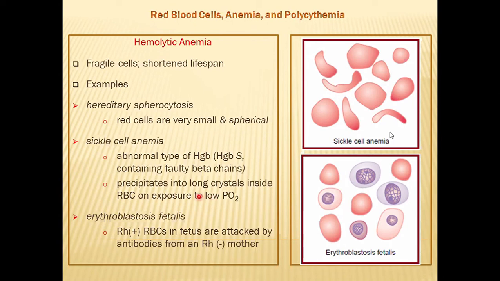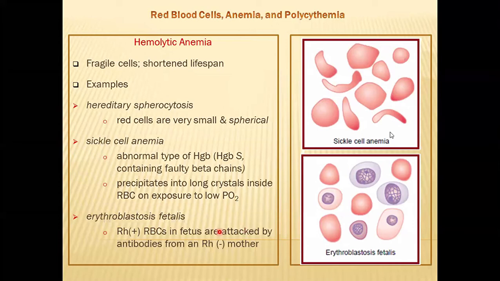And then another condition is erythroblastosis fetalis. An Rh positive RBC in a baby or in a fetus is attacked by the antibodies from an Rh negative mother. So what happens is you will have hemolysis of the red blood cells.